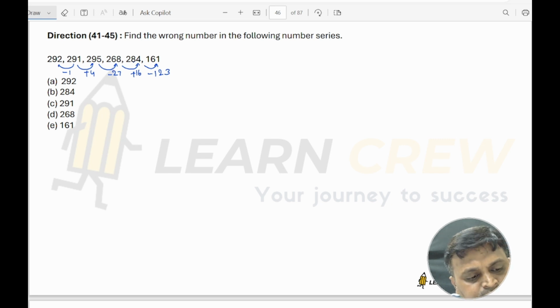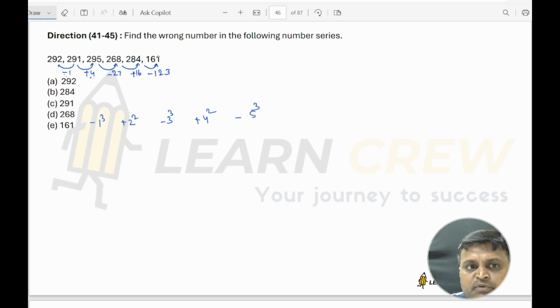If you see here, the minus values 1, 27 are cubes, plus values are squares. So minus 1 cube, plus 2 square, minus 3 cube, plus 4 square. Next, minus 5 cube.